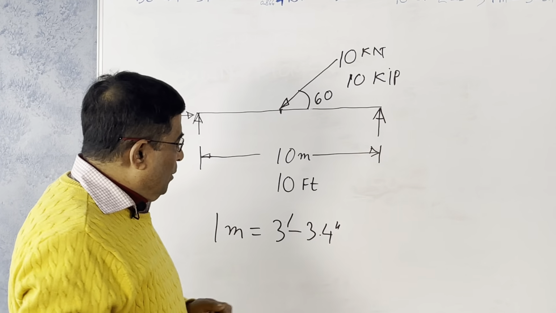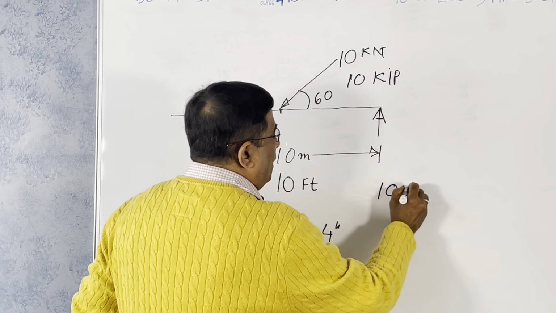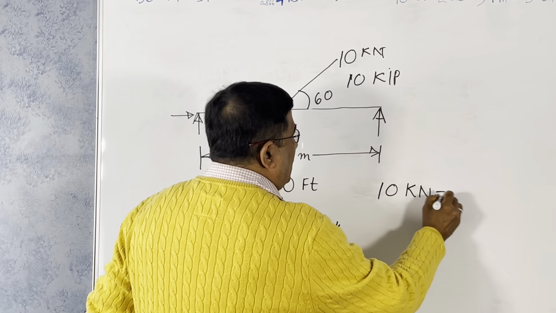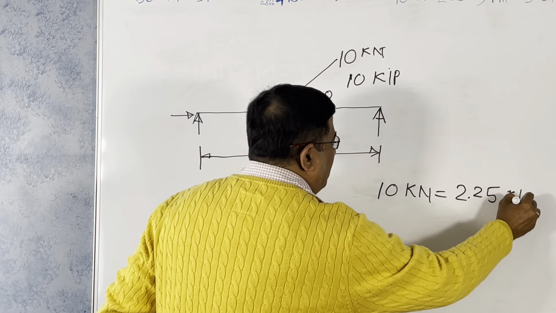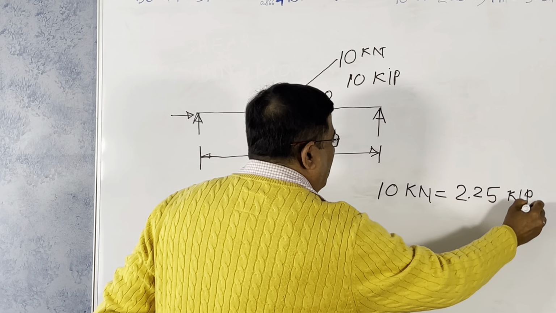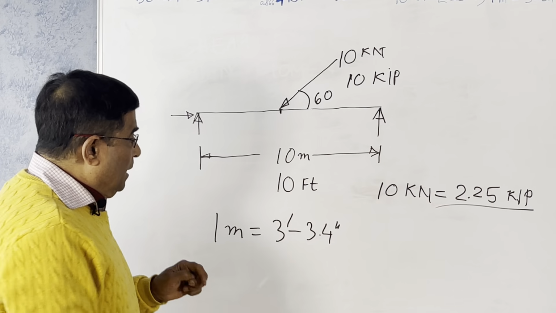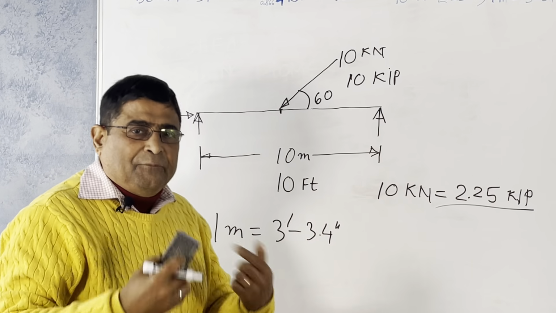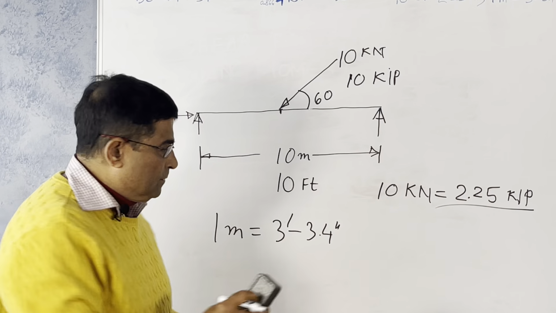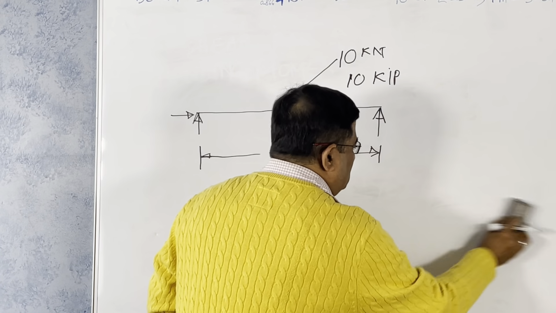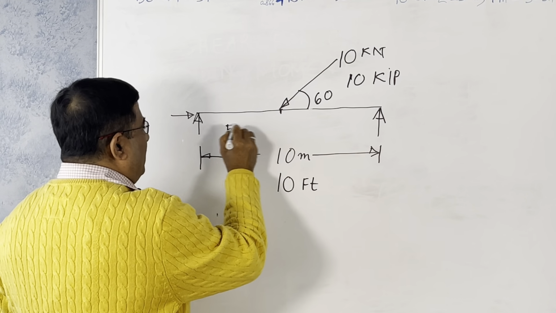They are not equal, of course, because 10 kilonewton is equal to 2.25 kip. I'm just doing it for my convenience. I don't like to convert it and make you do the calculations twice. So this is at the middle. This is 5 and 5.